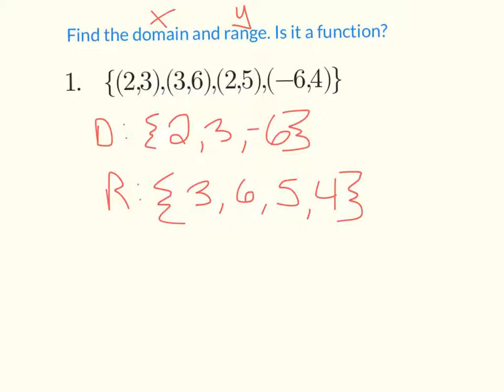Is this a function? And how do we determine that? Well, the question is, for every x value that we have, is there only one y value for it? All right? Let me just write that down. Is there only one y value for each x?